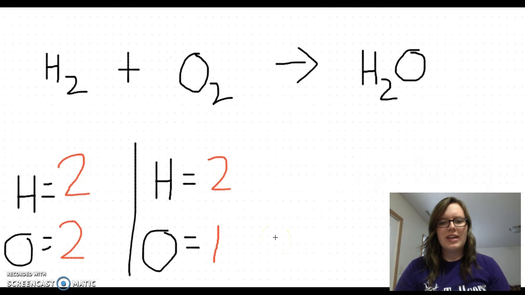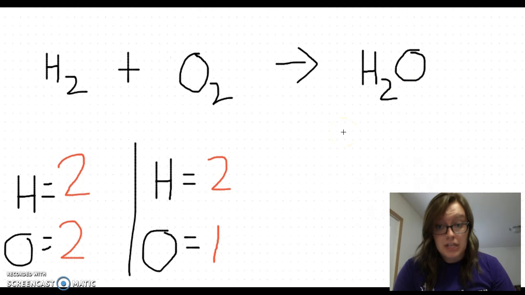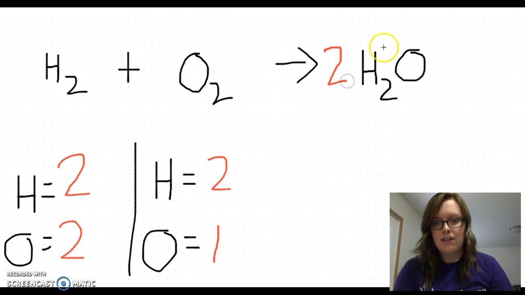So now what can we do so that we can have 2 O's on this side and 2 O's on this side? Well, we want to add something in that's called a coefficient. And we're just going to put it right here in front of the H2O.